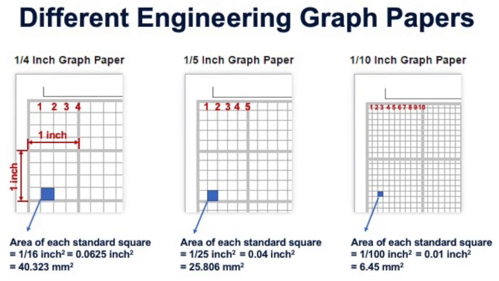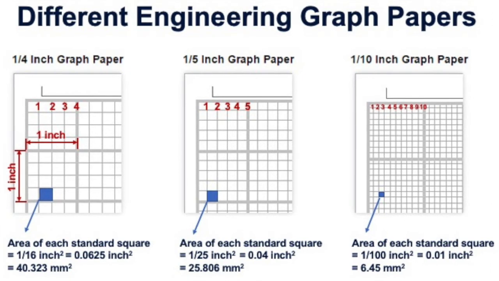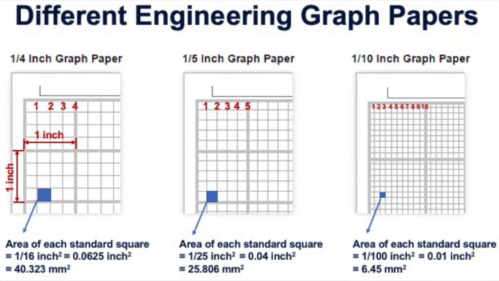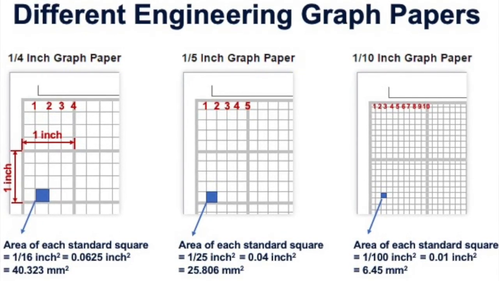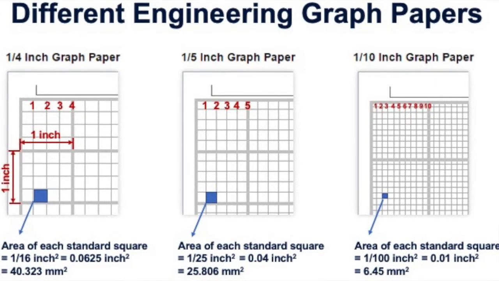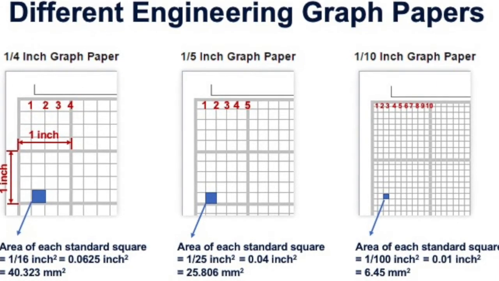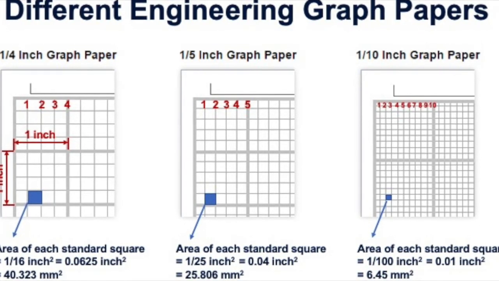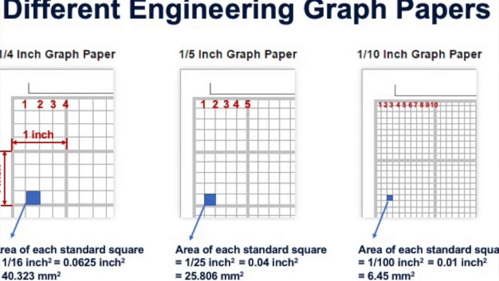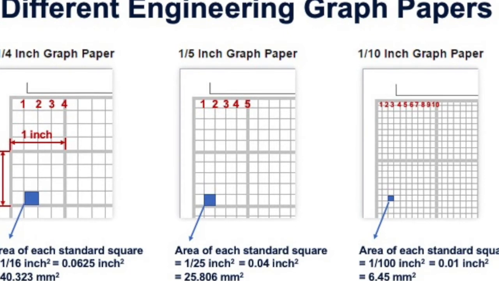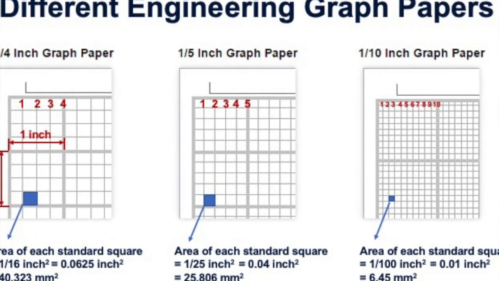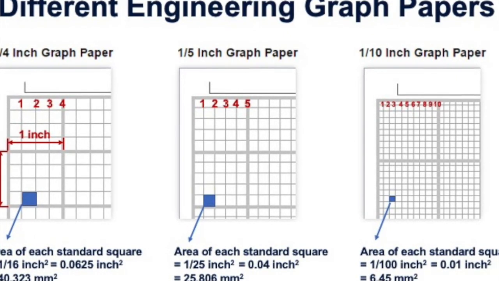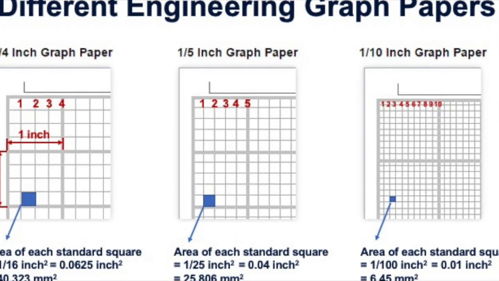Depending on the distance between the grid lines, there are quarter-inch, 1/5, 1/10, or other sizes of engineering graph paper. The areas of the grids are standardized, so-called standard squares. The smaller the standard square, the higher the accuracy. In this lab, 1/10 engineering graph paper is used to estimate the area of an irregular shape.